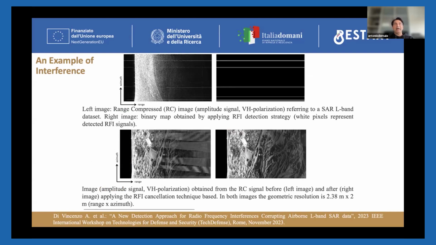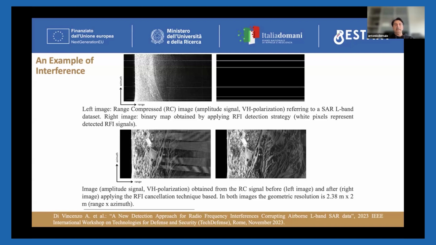On the top left figure, we can see a range compressed SAR image. These are real data collected in November 2001 in Grumento area, which is in south of Italy. And the sensor was mounted on board a Cessna aircraft.